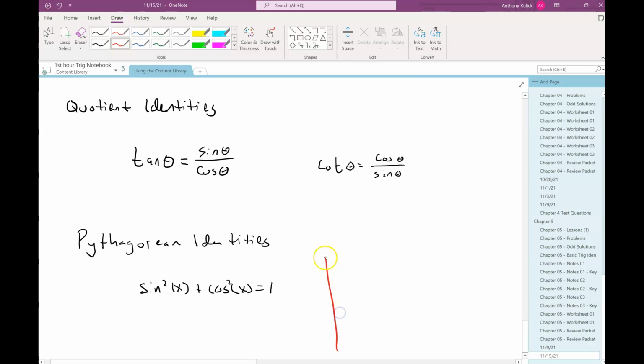As a little aside here, I probably changed to x's at some point, but let's just keep everything thetas. When we write something like sine squared theta, what we're really saying is that we're going to take the sine of theta and then square our result.